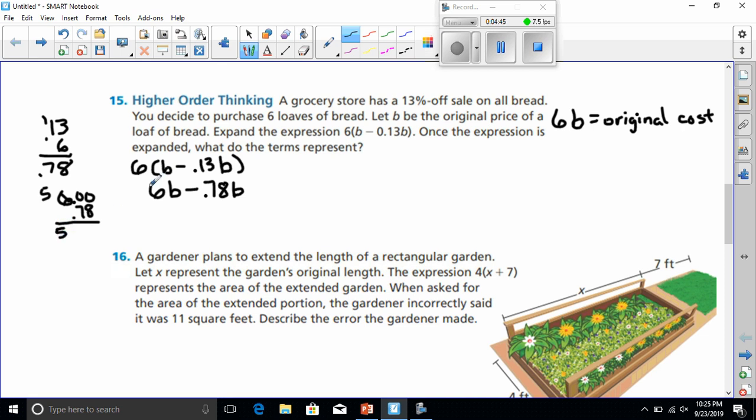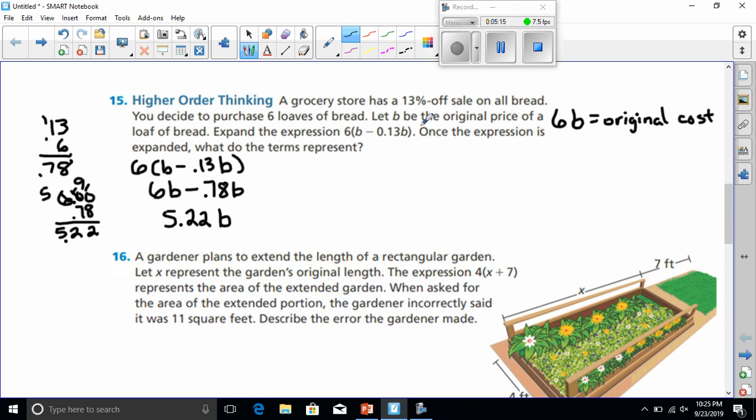Our big number is positive, so our answer will be positive. This would be 9. This would be 10. 10 minus 8 is 2, and 9 minus 7 is 2. And we got 2 decimal places. So our answer is going to be 5.22 B.